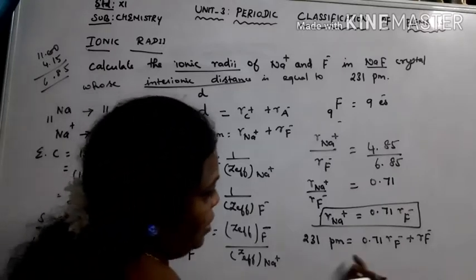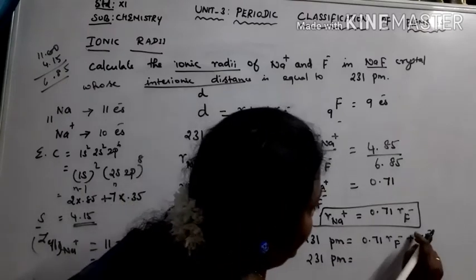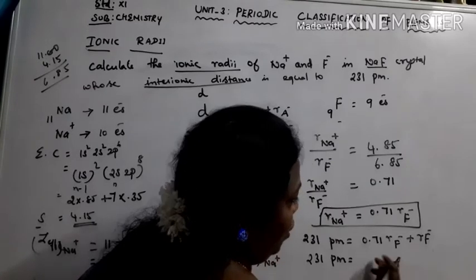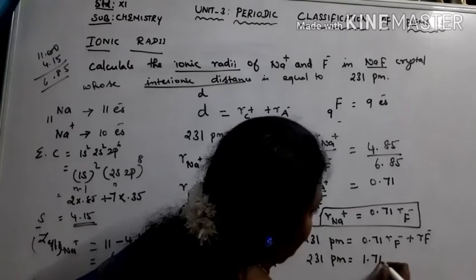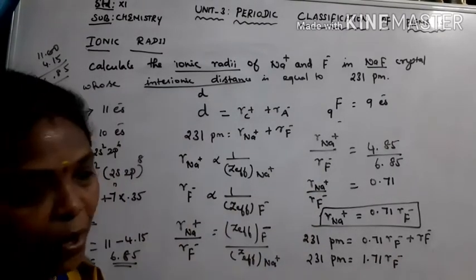So 231 picometer equal to, here 1, here 0.71. If we take the radius of fluoride common, 1 plus 0.71, therefore it is equal to 1.71 radius of fluoride ion.